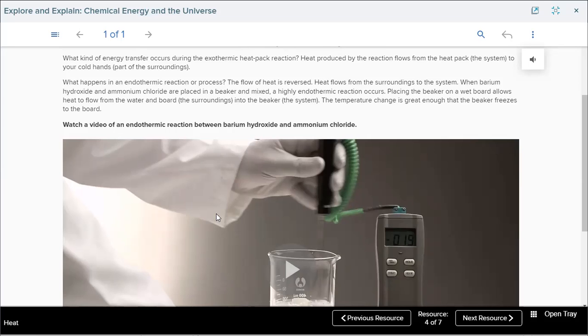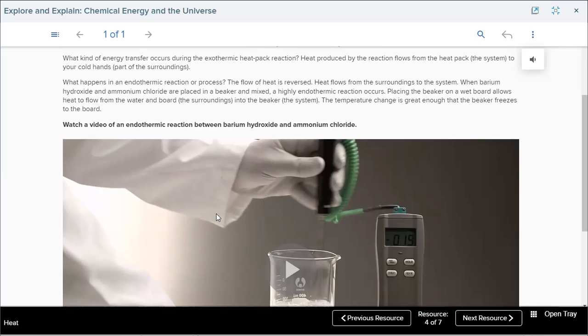Maybe the exothermic reaction gives away the heat, while the endothermic reaction absorbs it.